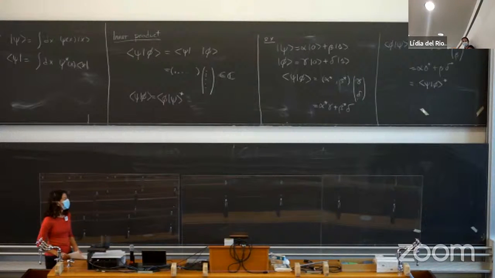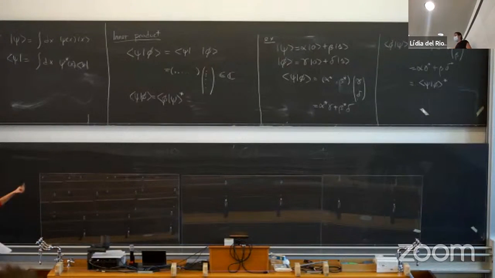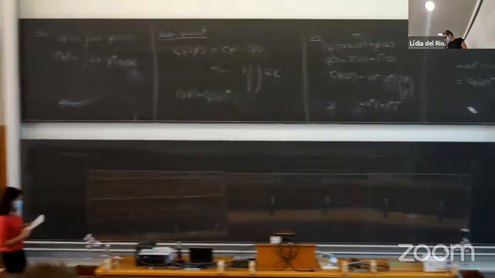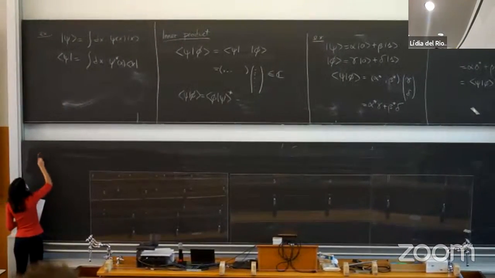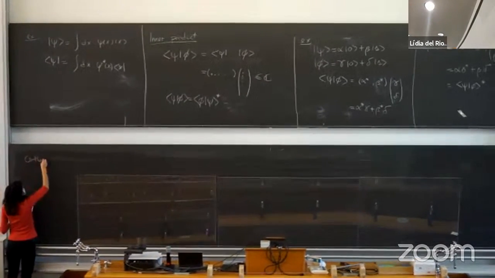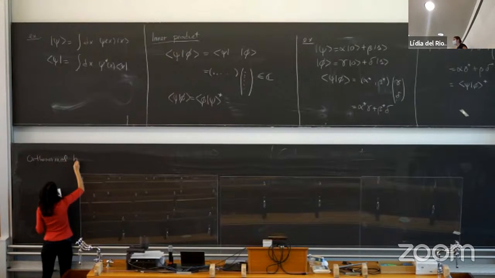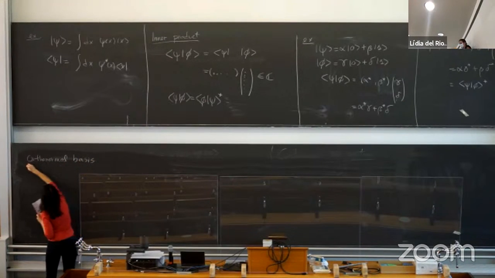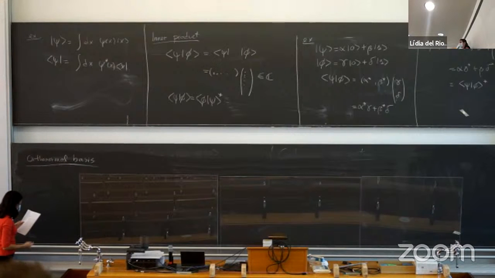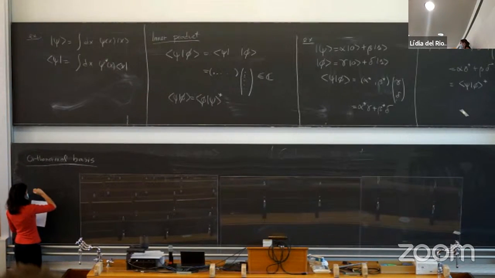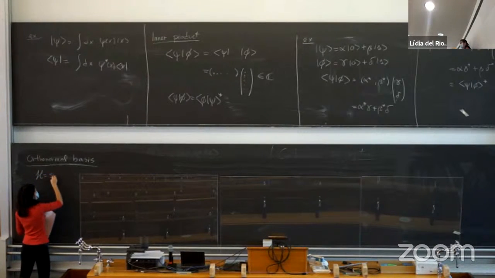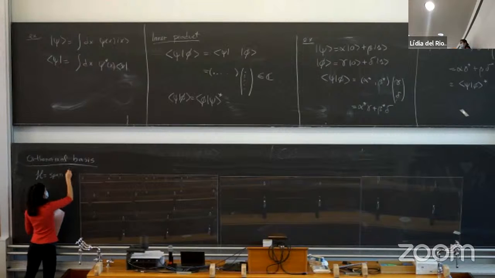Now that we have a notion of inner product, we can express what it means to be an orthonormal basis in this notation. So what is an orthonormal basis? This will be useful in a bit, so forgive me for repeating some maths. First of all, it must span the Hilbert space.